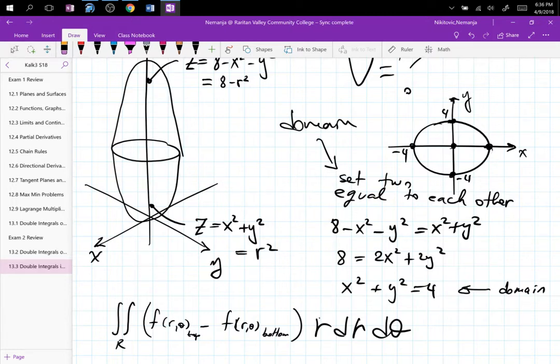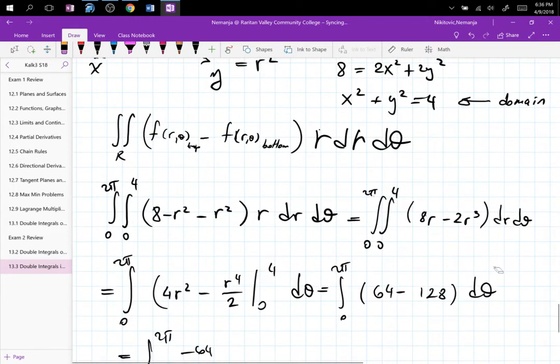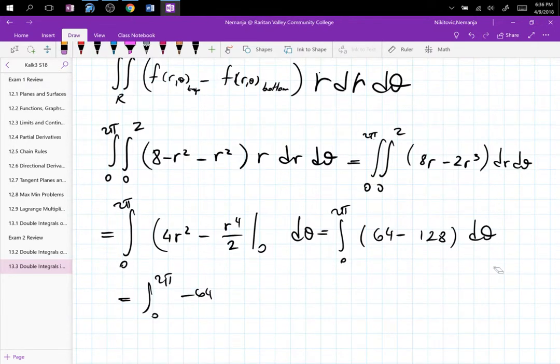The radius in the domain is 2, not 4. I was just testing everyone, so very good. The radius in the domain is 2, which means that's a 2 on this limit, 2 on another limit, 2 on this limit, and now these numbers are different.